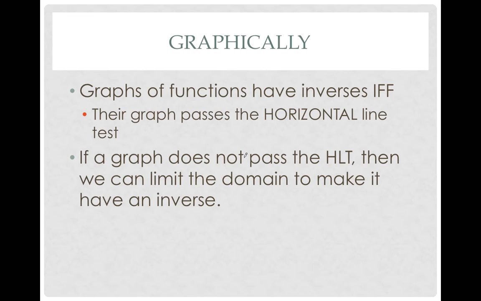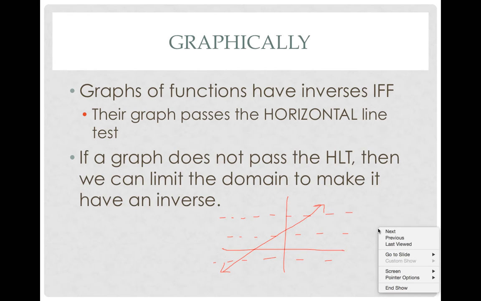Meaning, if I drew a horizontal line anywhere on this graph, that horizontal line would only touch once. That means it passes the horizontal line test, which means it does have an inverse.